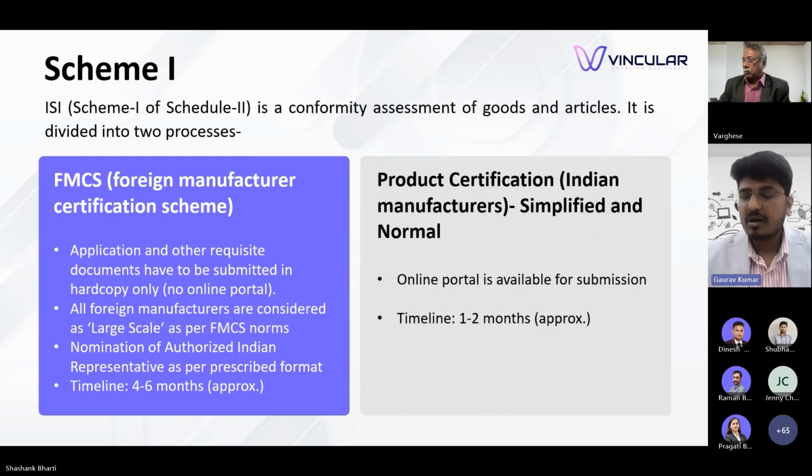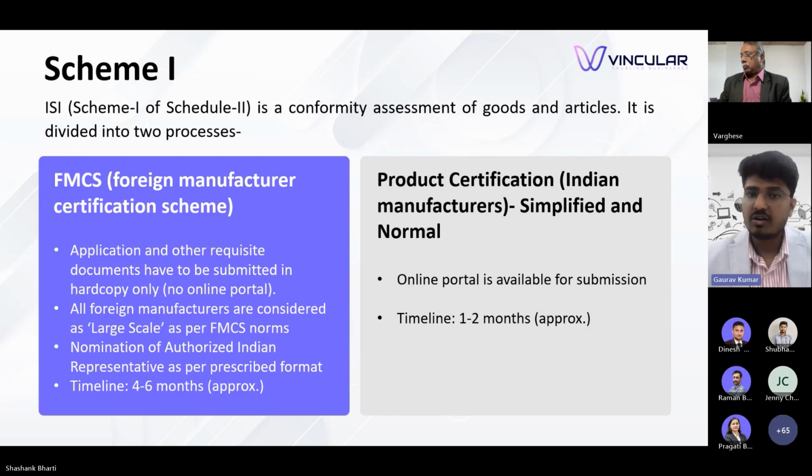On the other side, we have another scheme called the normal scheme for domestic manufacturers only. There, if we have any product for which we are going for the first time, an All India first license application, or if we are going with any complex product whose nomenclature is a bit complex and a bit riskier, we have to do the due diligence at a greater level.